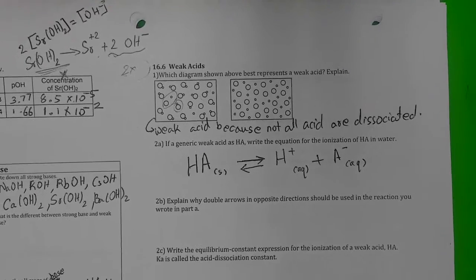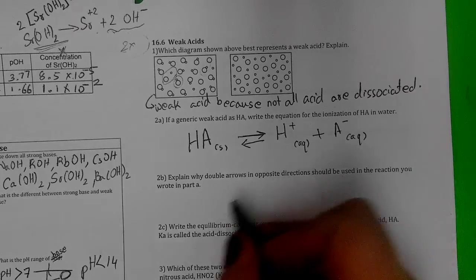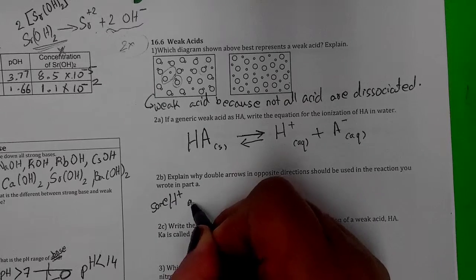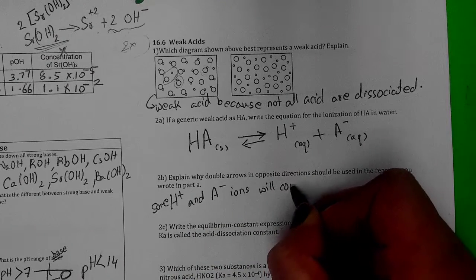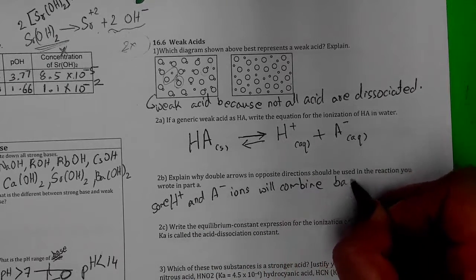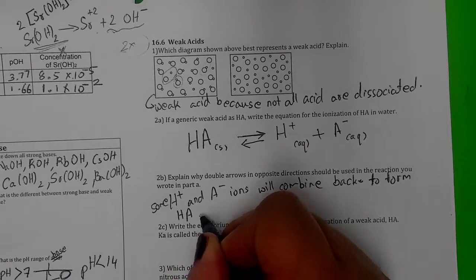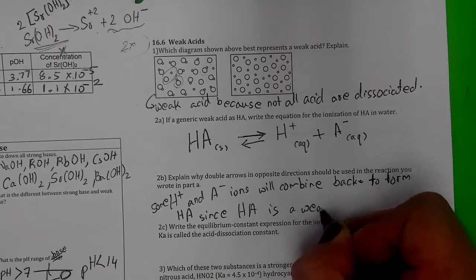Explain why a double arrow in opposite directions should be used in part A. Some H plus and A minus ions will combine back to form HA, since HA is a weak acid.